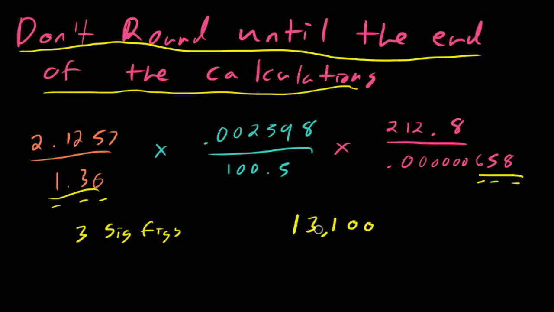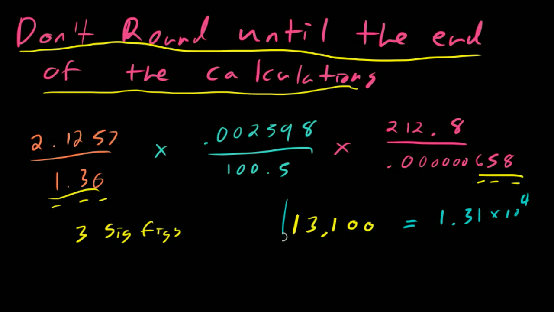And what's the way that we should write this in scientific notation? Well, this will give us the unambiguous 3 significant figures: it would be 1.31 times 10 raised to the, and let's count the decimal places, we've got 1, 2, 3, 4, so times 10 to the 4th.